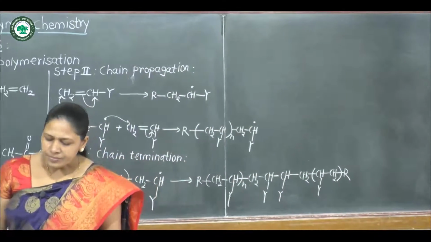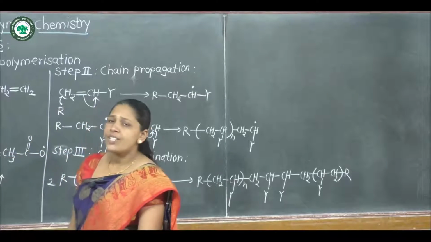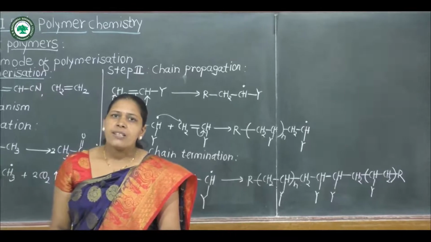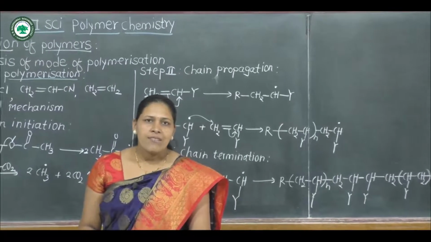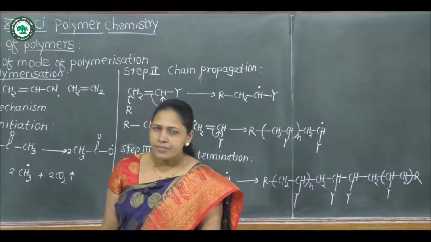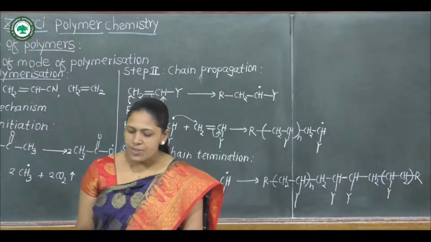In this way, addition polymerization takes place by free radical mechanism, using these three steps: chain initiation in the presence of peroxide, chain propagation and chain termination.